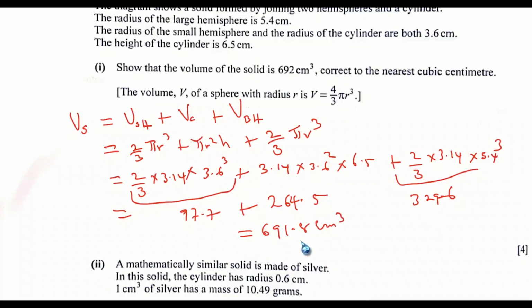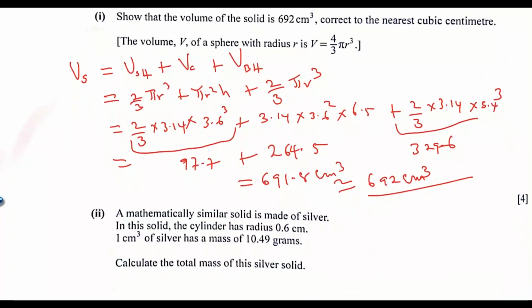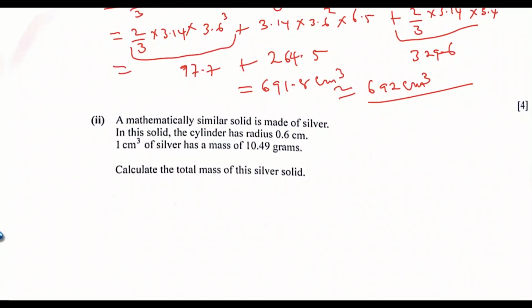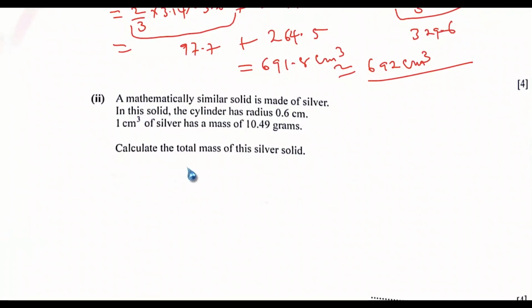Correct to the nearest cubic centimeter, this is approximately 692 cubic centimeters, as required. So we have shown that the volume of the solid is equal to 692 cubic centimeters.